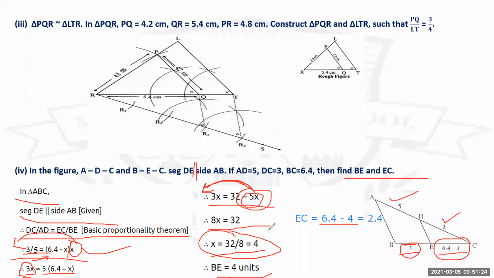So 3x plus 5x is 8x, and 6.4 into 5 is 32. So you get 8x equals 32. The value of x is 32 upon 8, which equals 4. Is this clear, beta? Yes, sir.